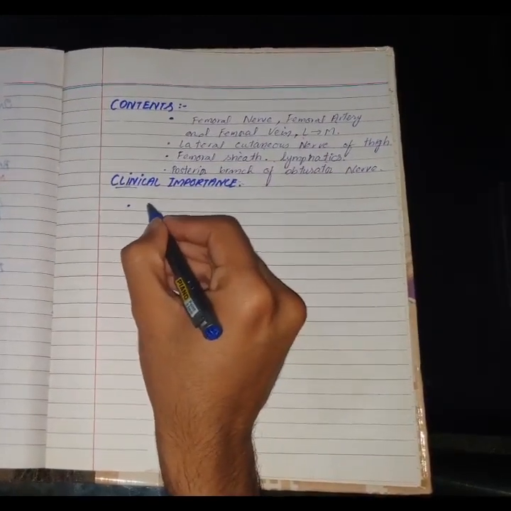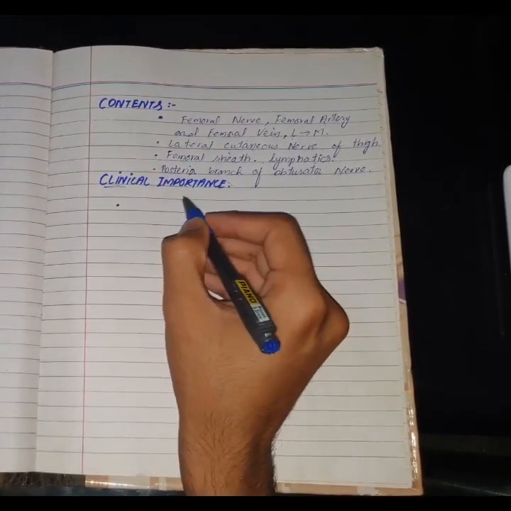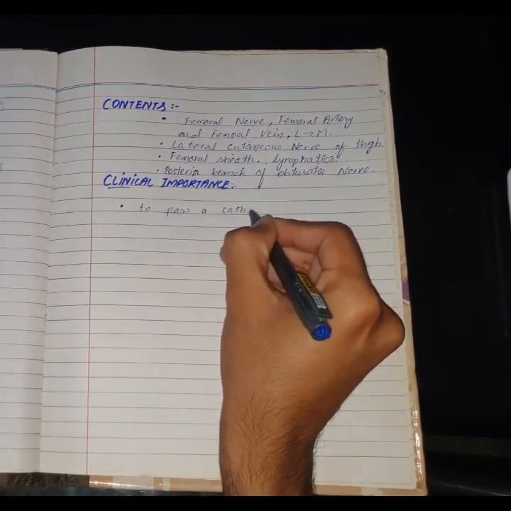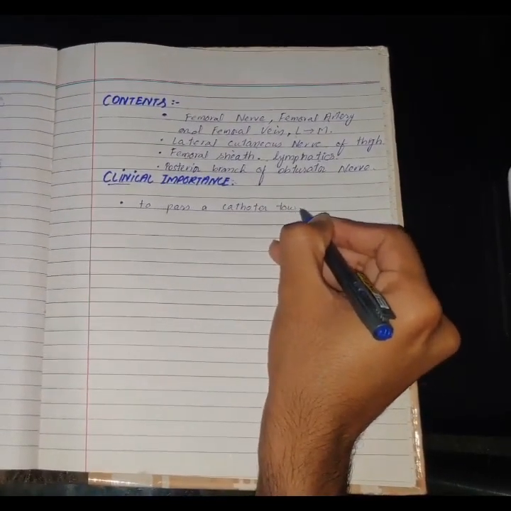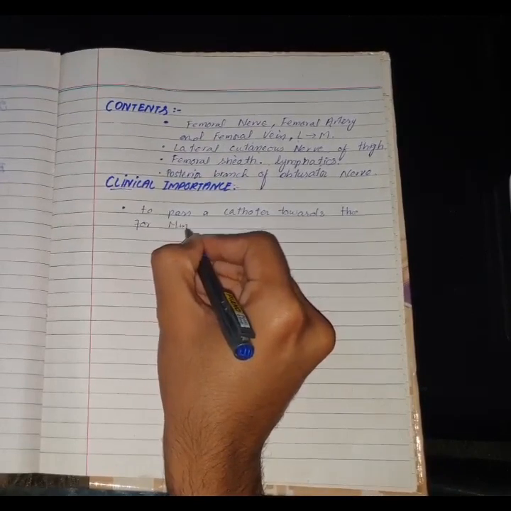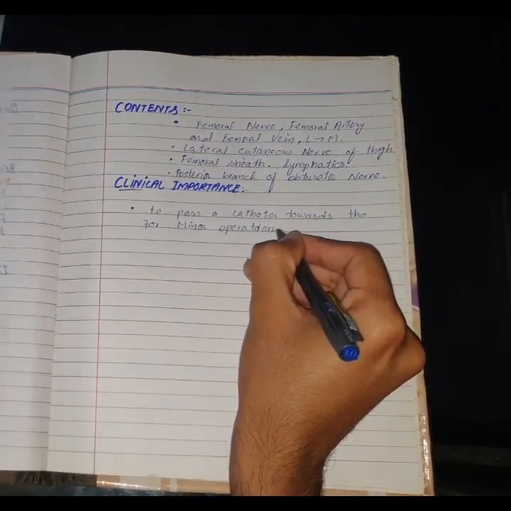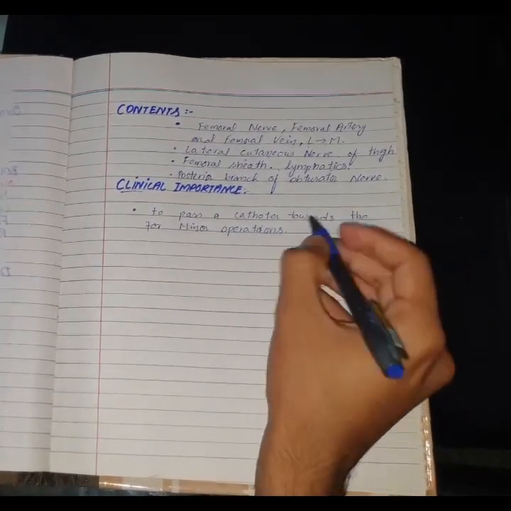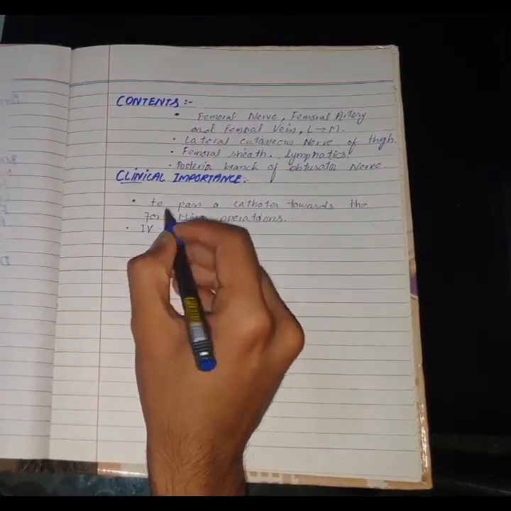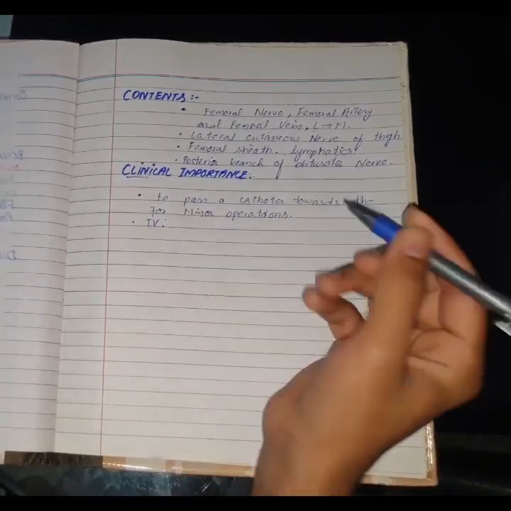So femoral triangle can be exposed in the minor operations of the heart to pass a catheter towards the heart for minor operations. And the femoral vein can be exposed there for intravenous dripping.